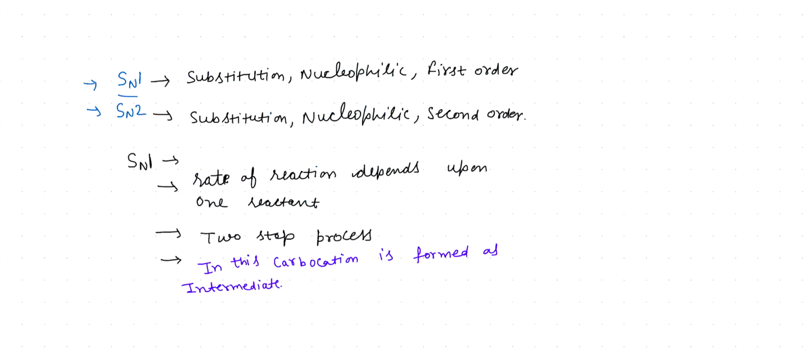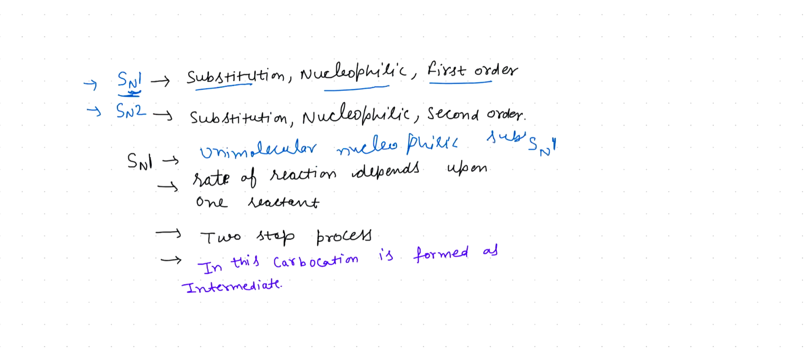Here S is capital and N is used as a subscript like this, and 1 is capital. S means substitution, N means nucleophilic, and 1 means first order. We can also call it unimolecular nucleophilic substitution reaction.